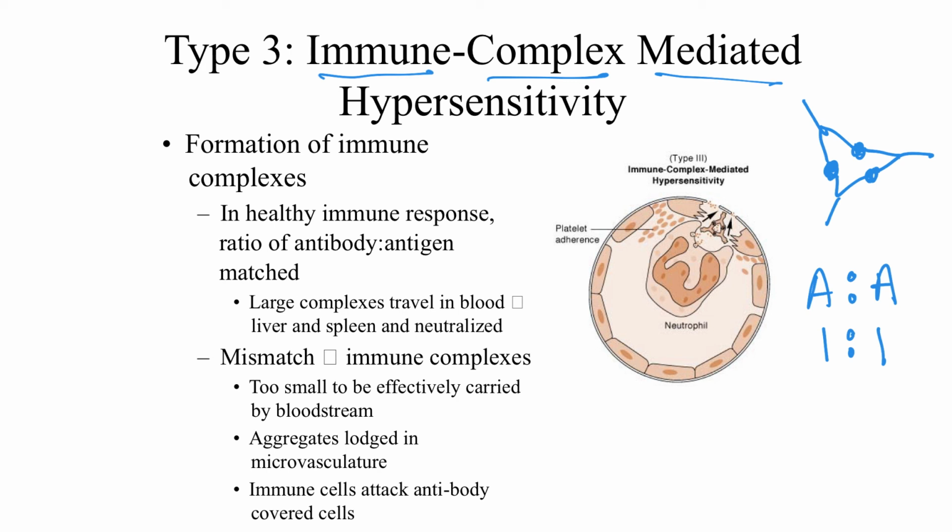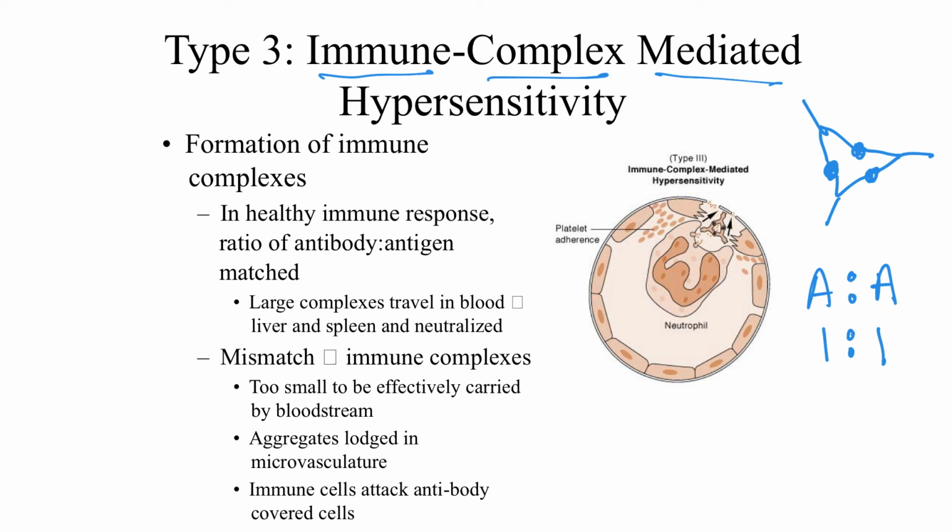And then eventually it'll be neutralized by the spleen after it's metabolized by the liver. And those things are big, so it's easy for these large amounts of antigen antibody substance to move through the bloodstream and be neutralized and then removed.